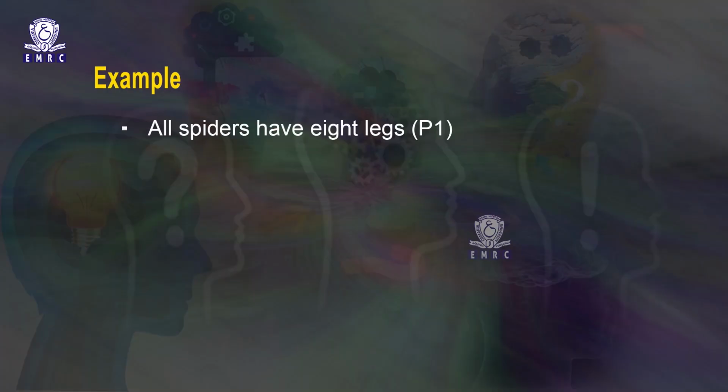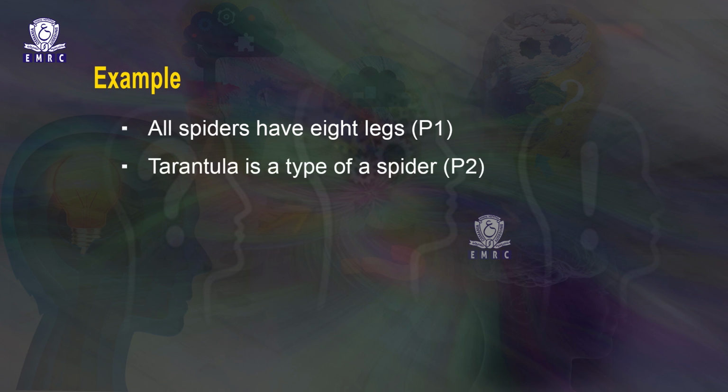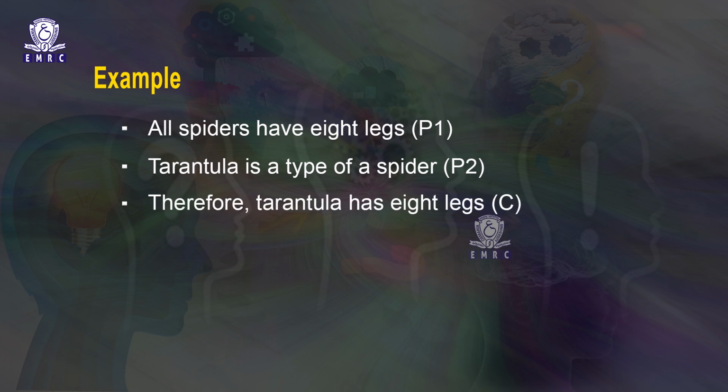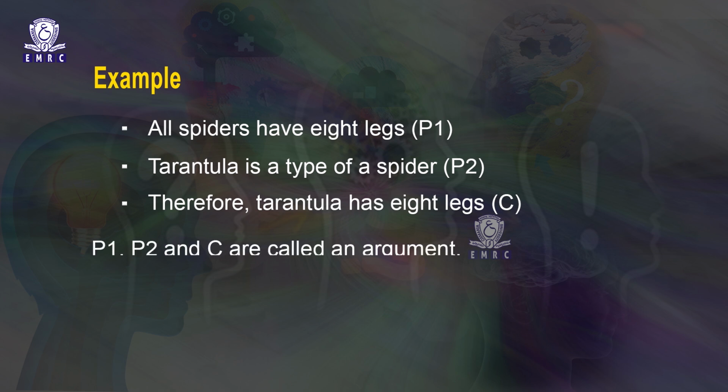Okay, so all spiders have 8 legs. This is the first statement. And the second one is tarantula is a type of a spider. And the third statement is therefore tarantula has 8 legs. So these are the 3 statements I have, and these 3 together is known as argument.